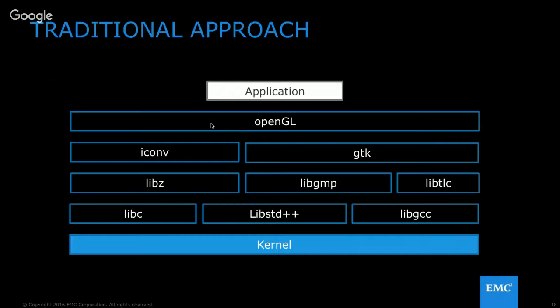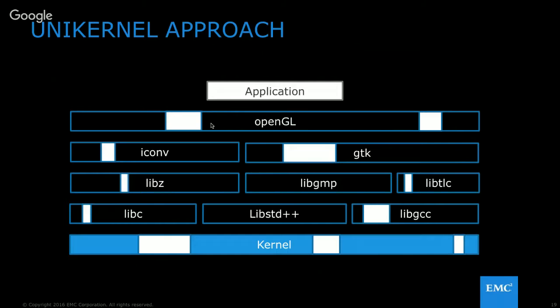Today you have the kernel, all the libraries, and the application. No matter which application you use, you still have all those libraries on your computer. What Unik is doing is taking only what your application needs. The parts of the kernel that you don't need are not going to be included in this machine, and the libraries that are not being used are not going to be included either.